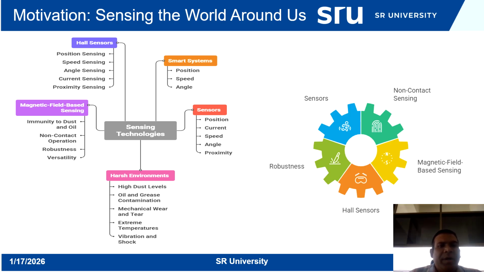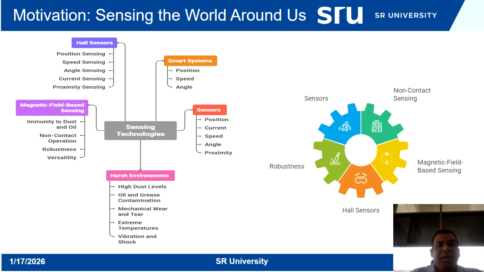Then the next point is non-contact robust sensing is critical in harsh environments. In many applications, particularly those operating in harsh environments, traditional sensing methods that rely on physical contact or are susceptible to environmental factors can be unreliable or even unusable.